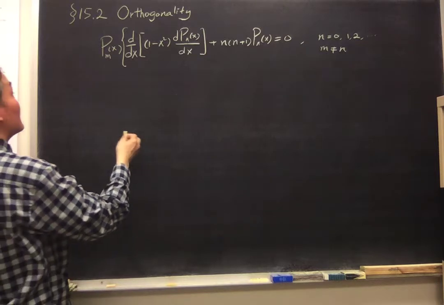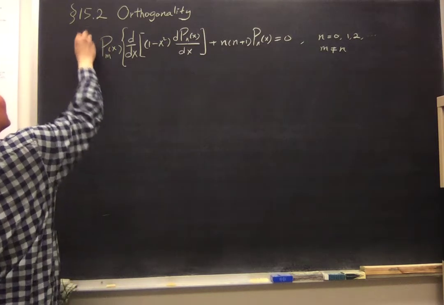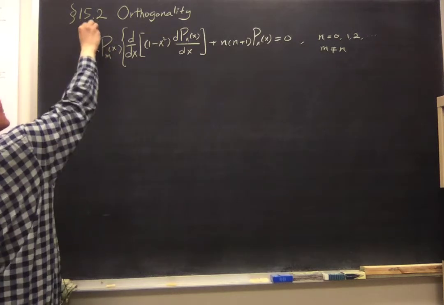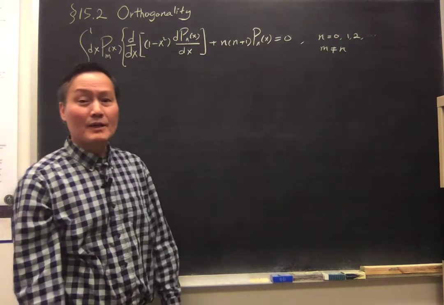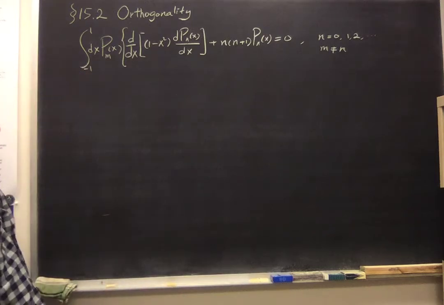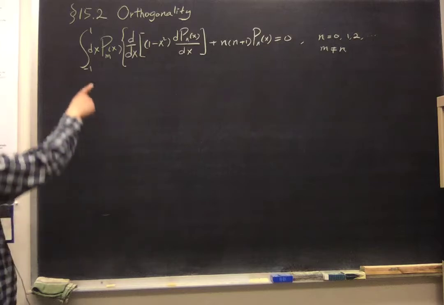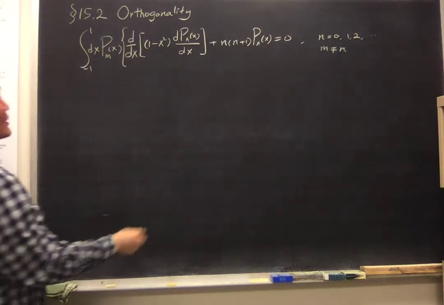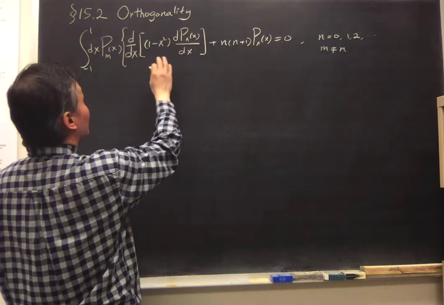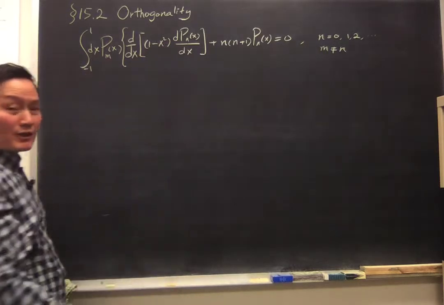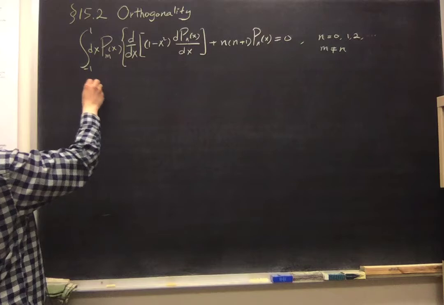Then we integrate x over the whole range from minus 1 to 1. Then we'll write this equation after the integration again, but with m and n interchanged.